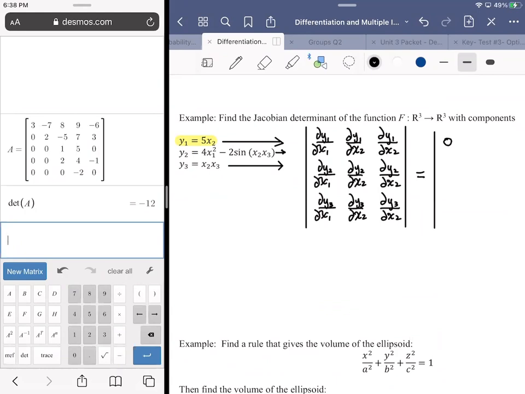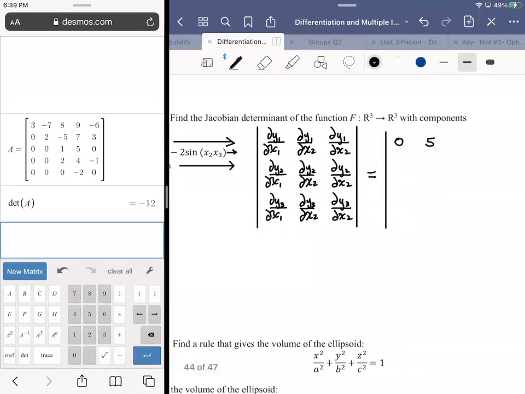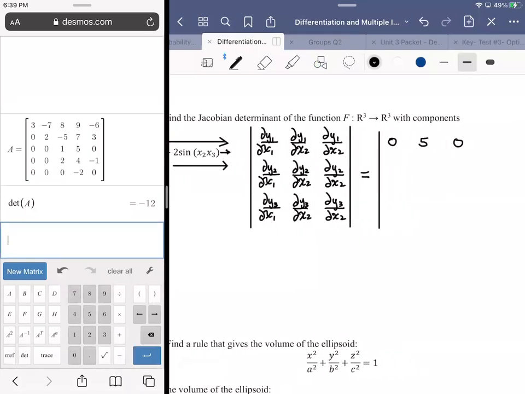And I'm just going right for the determinant notation, so I'm not making it a Jacobian matrix. I'm just going with the absolute values on it because we're going to have to do that anyway, so I'm saving myself a step. One less thing to forget. With respect to x2, it's just going to be a 5. I might have to move some things around for spacing, but we'll see. With respect to x3, there is no x3, so a 0.